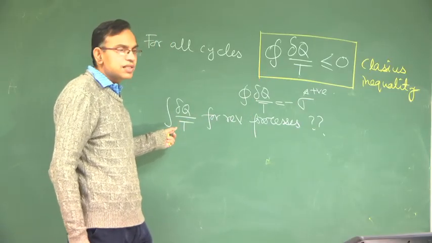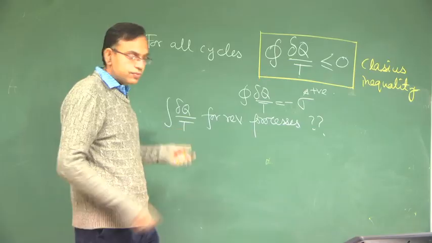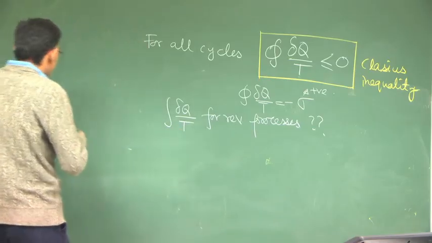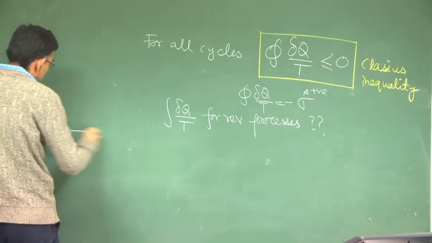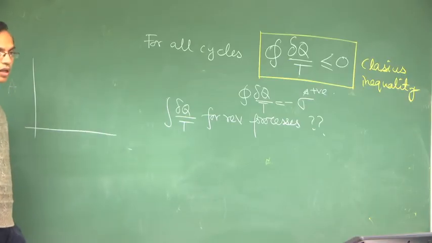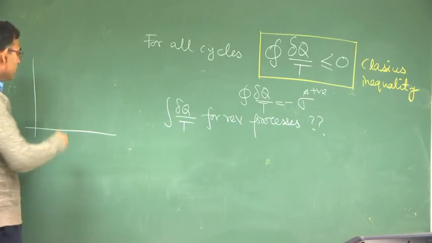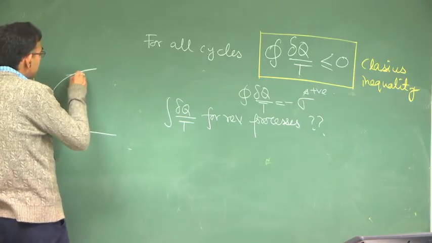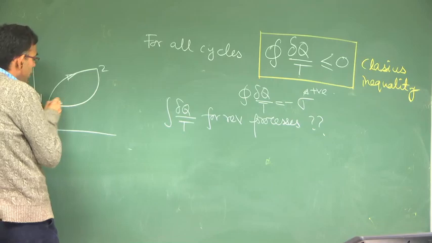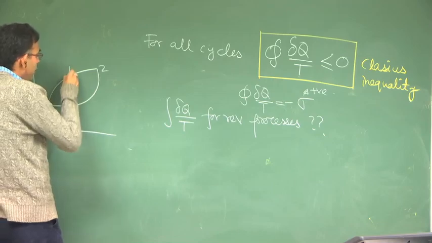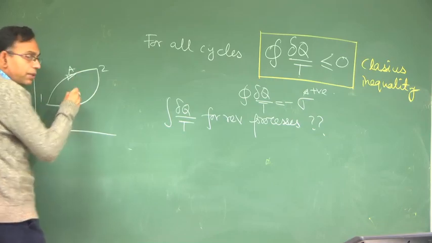At least two such processes are needed to complete a cycle. So, let us say that we have an arbitrary plane, maybe pressure, volume or whatever, in which you have one reversible cycle from 1 to 2 via path A and 2 to 1 via path B.